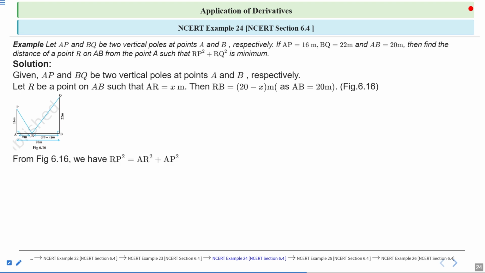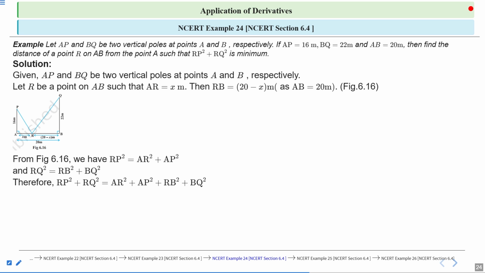From figure 6.16, we have RP square is equal to AR square plus AP square, and RQ square will be equal to RB square plus BQ square. Therefore, RP square plus RQ square will be equal to AR square plus AP square plus RB square plus BQ square.